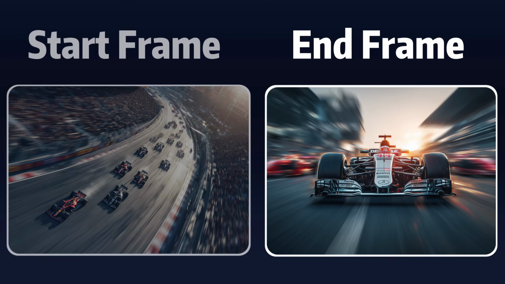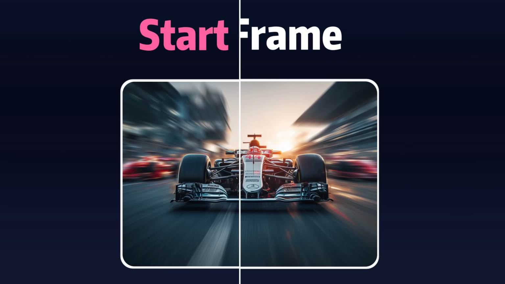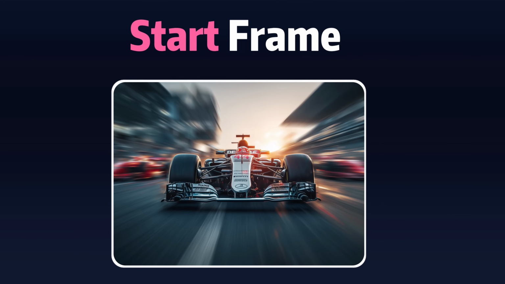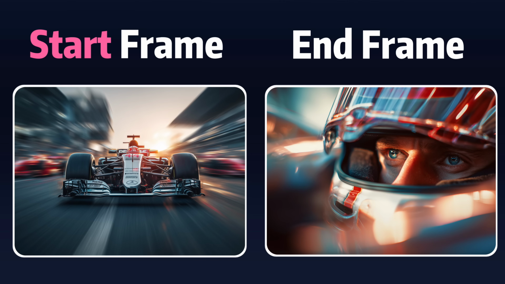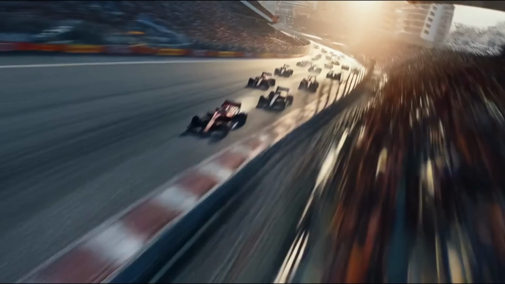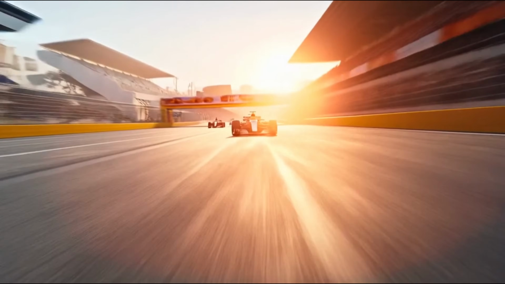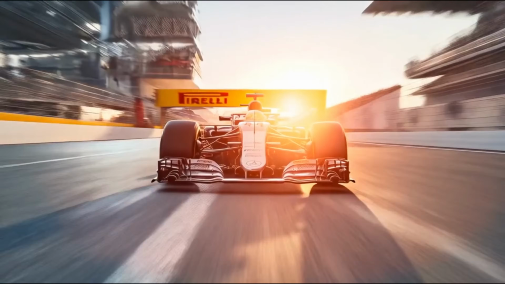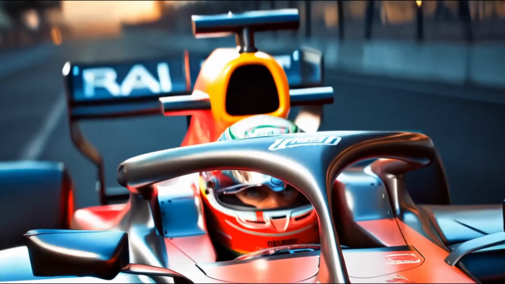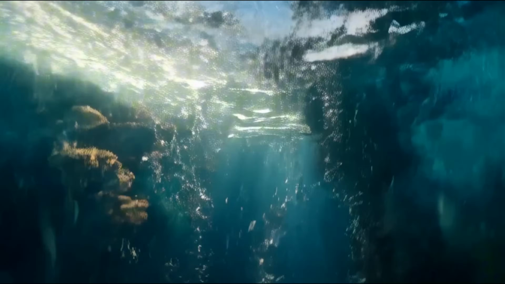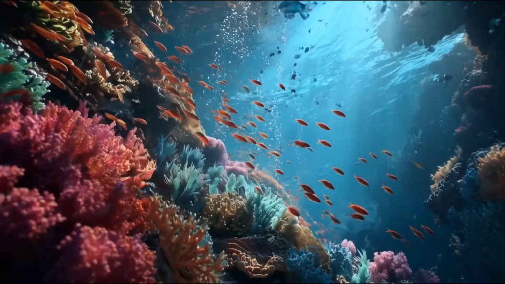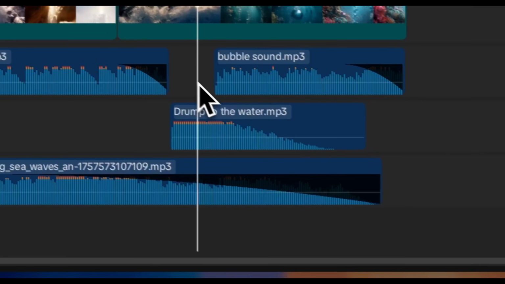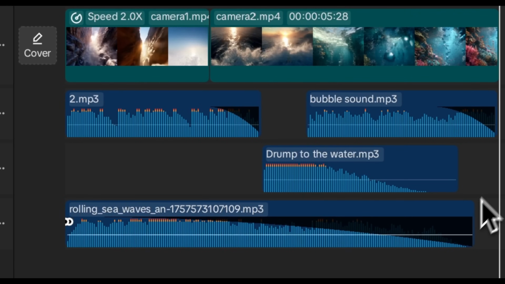Just take the end frame of one video and use it as the start frame of the next. Then add a new image as the end frame. You can link frame to frame seamlessly, unlocking truly endless creative possibilities. And on top of that, you get full control over the speed of every camera transition. And once you add the right sound effects, you'll get results like this.